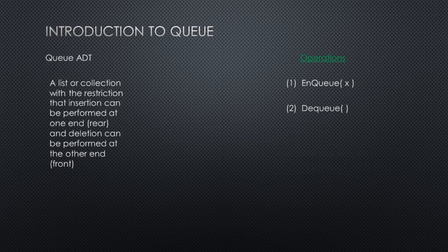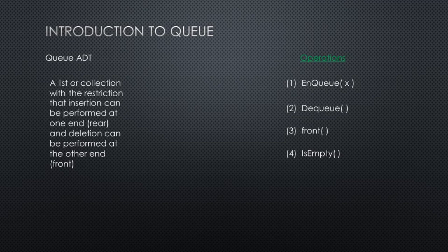Typically, the third operation, front, is kept just to look at the head element, just like the top operation we had in stack. Okay, we can have another operation. We can have an operation to check whether the queue is empty or not. So these are the operations I have defined for a queue ADT: enqueue, dequeue, front, and isEmpty.